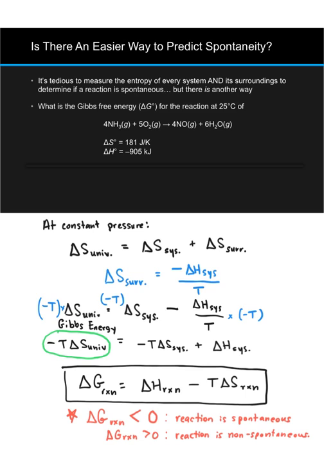So with that, let's take a more direct route towards determining the spontaneity of the reaction of ammonia and oxygen without having to calculate the entropy of the surroundings. We should be able to directly identify whether this reaction is spontaneous on the basis of calculating a Gibbs energy for the reaction.